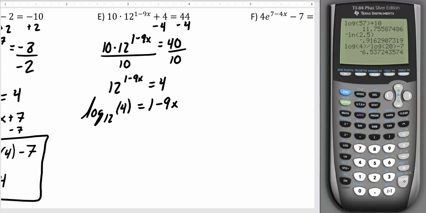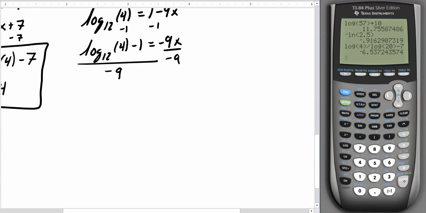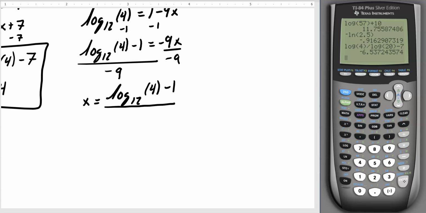So now I need to solve for x. I'm going to subtract 1 from both sides. So I'll have log base 12 of 4 minus 1 equals negative 9x. Divide by negative 9 to get x all by itself. And when I do that, I find that x will equal log base 12 of 4 minus 1 all over negative 9. So let's put that in our calculator to see what x rounds to.